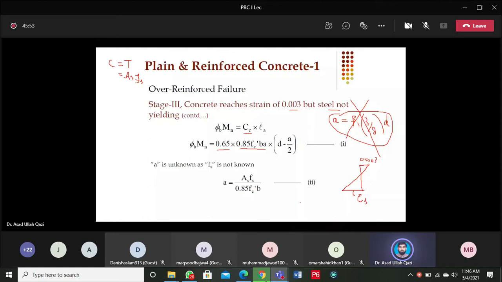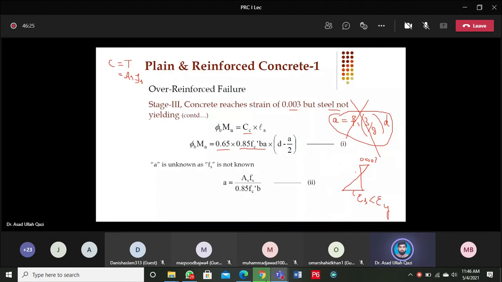If it is 420 grade steel and it has yield strain 0.0021, but since it is over reinforced, I'm not sure at that instant the strain is 0.001 or 0.0015 or 0.0019 when concrete crushed. I know that it will be less than yield strain, but its exact mechanical value is not known to me at the moment.